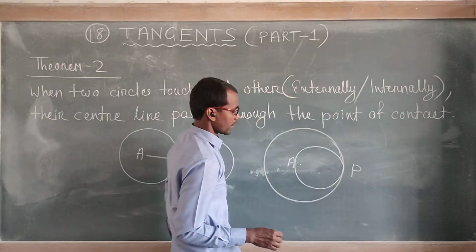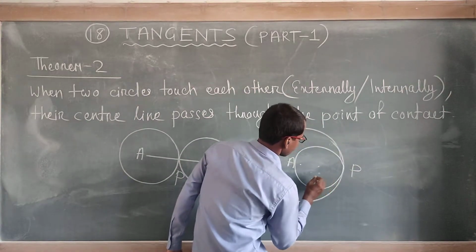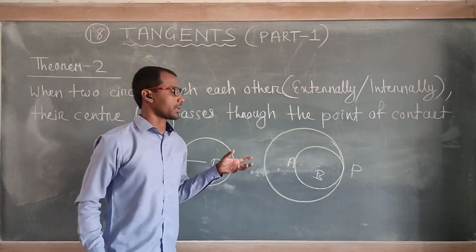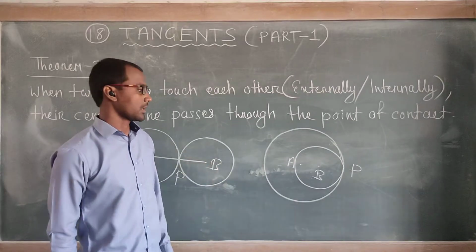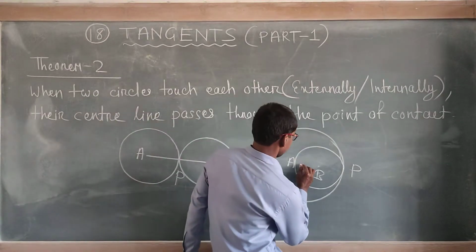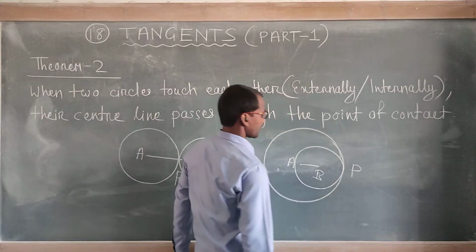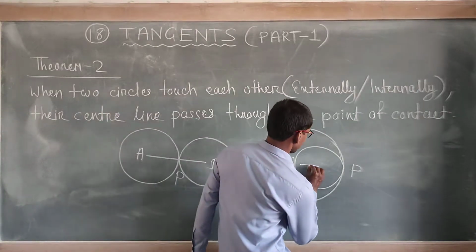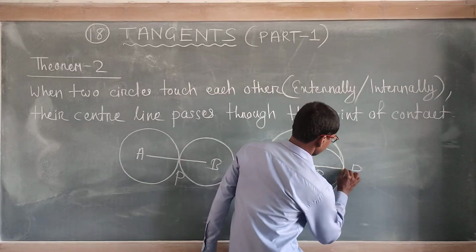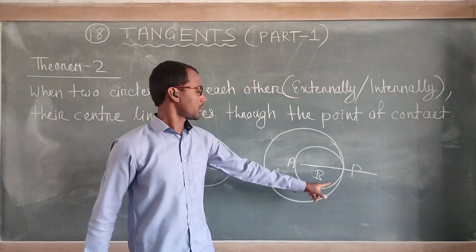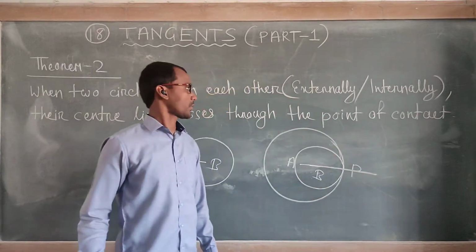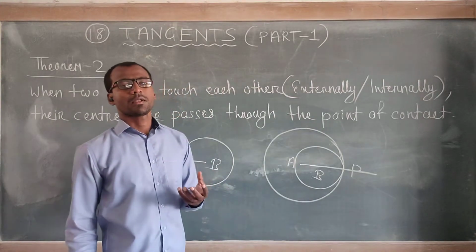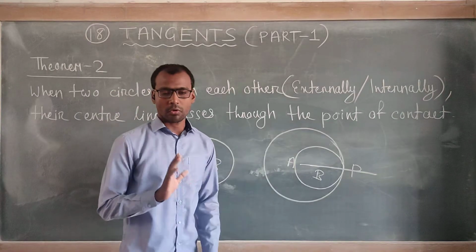This is the point of contact P. This is the center of the smaller circle, B. In this case, the circles are touching each other internally. If you join AB, it will be the central line, the line joining the centers. If you produce this central line, it will pass through the point of contact P. So remember this theorem: when two circles touch each other externally or internally, the central line passes through the point of contact. Clear?